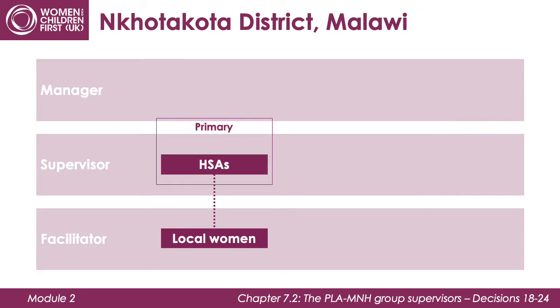And this meant that by the end of the program, when they were officially given responsibility to be primary PLA-MNH group supervisors, they were ready and raring to go. This left the HSAs as the primary supervisors, and the NGO officers were able to phase out of the district, knowing that the PLA-MNH group facilitators and PLA-MNH groups were in good hands.